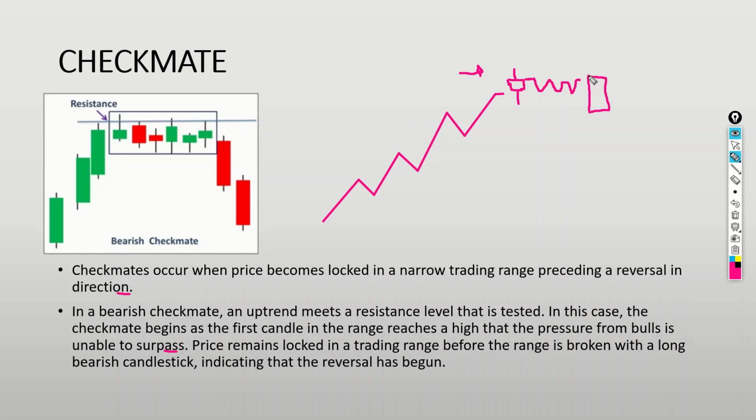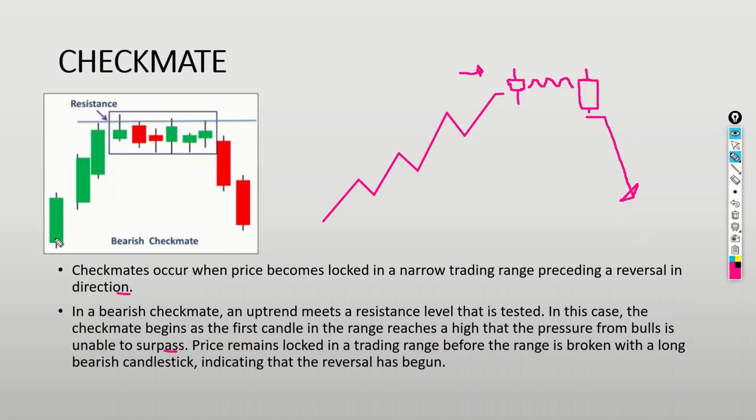After this candle is formed, we will form a range. This is whereby the price fails to break the previous highs. Then after that range, we form a big bearish candle. After this big bearish candle, we get a new signal to form a downtrend.